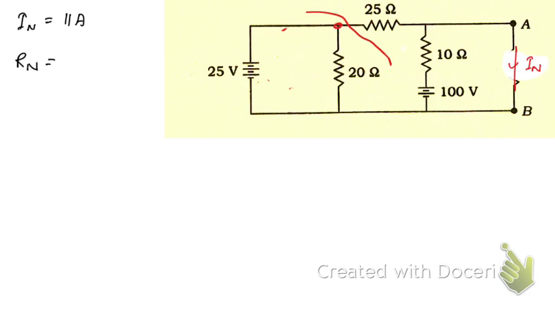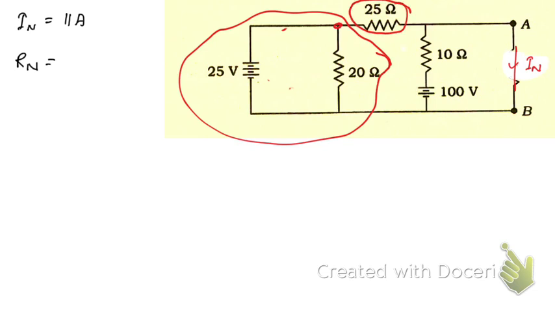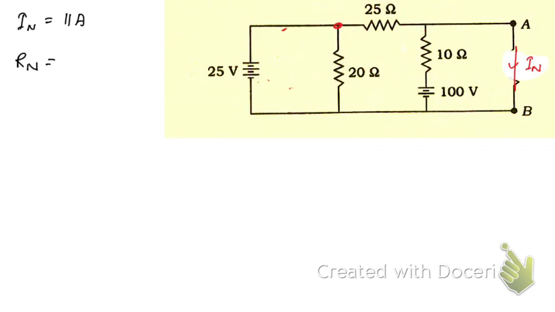This part is in series with this, and the combination of these two is in parallel with this. As soon as you get such a problem diagram, you have to take this one with this one as in series, and this whole thing in parallel with this, right? Remember that pattern. Okay, that's it.